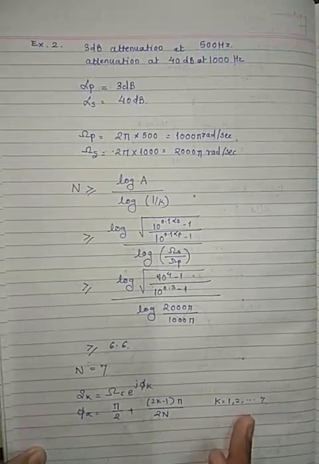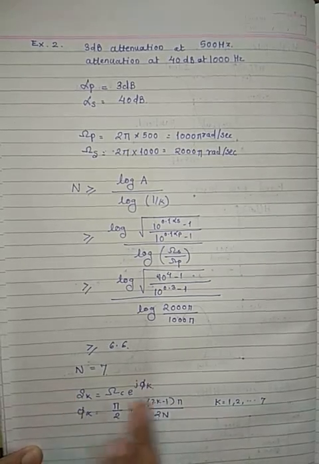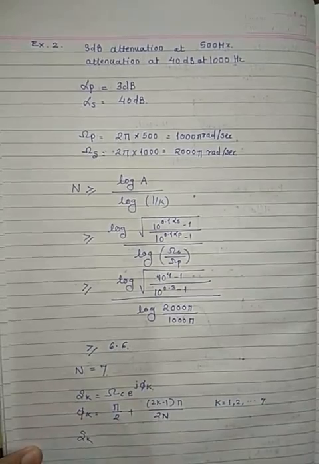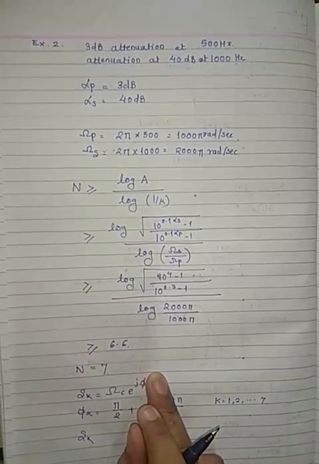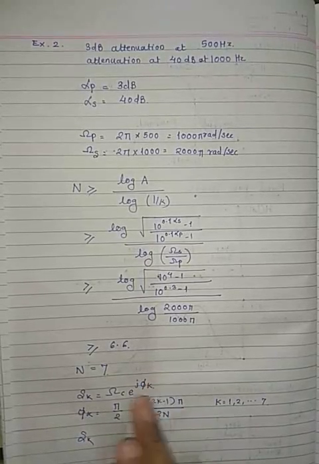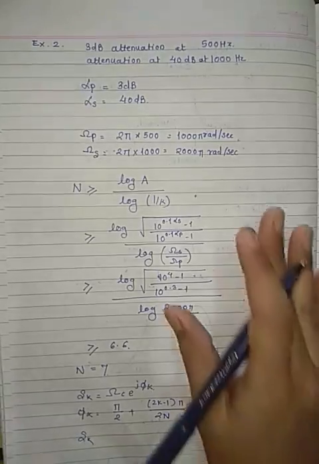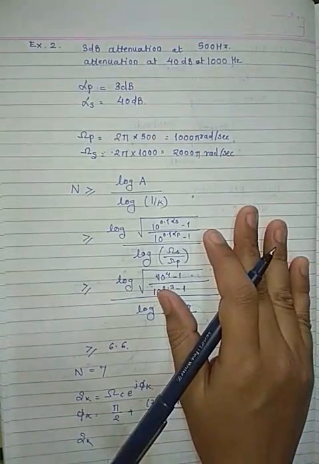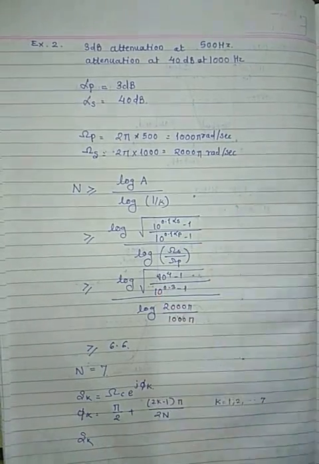So substituting these values here, we find phi k, and accordingly we find the different values of sk by substituting the values of k. In this way we can find out the poles of the given Butterworth filter. I hope you now have an idea how to find out the order of the given Butterworth filter.